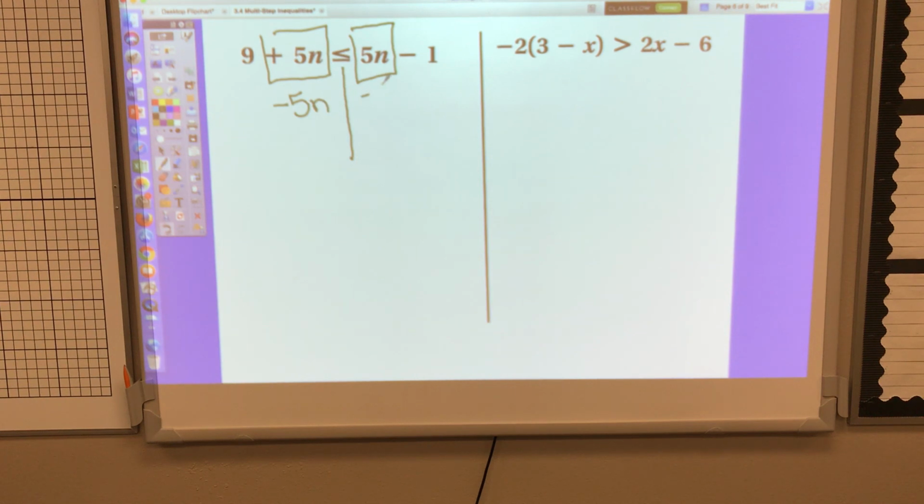Whatever I do on one side, I do to the other. Since they were both positive, that cancels out both of those 5n's, and I'm left with 9 is less than or equal to negative 1. 9 is not less than negative 1, so this is a false statement. So this inequality has no solution.